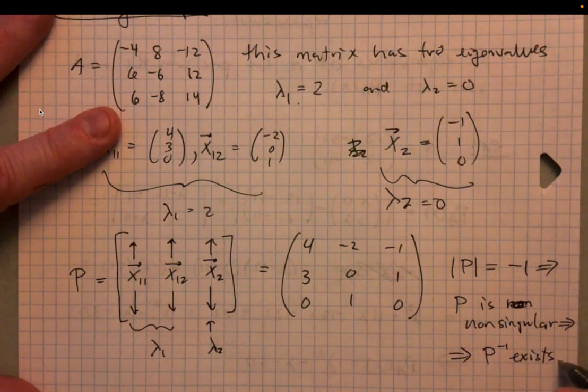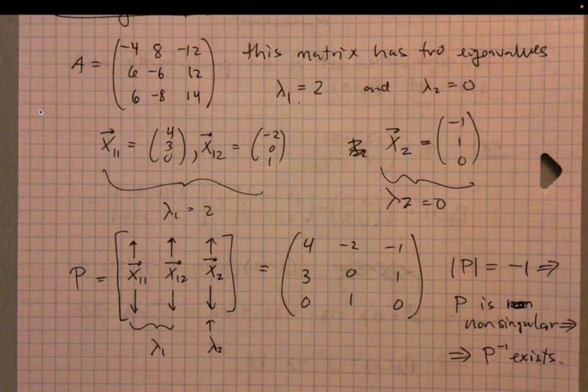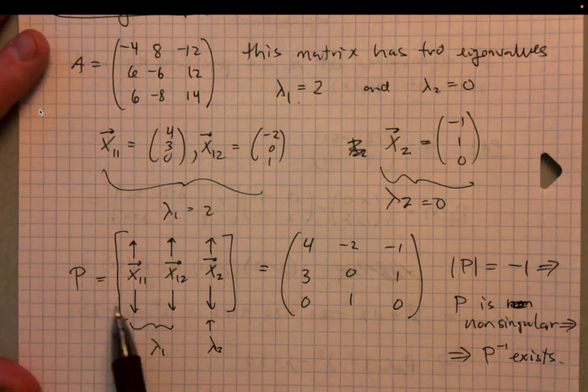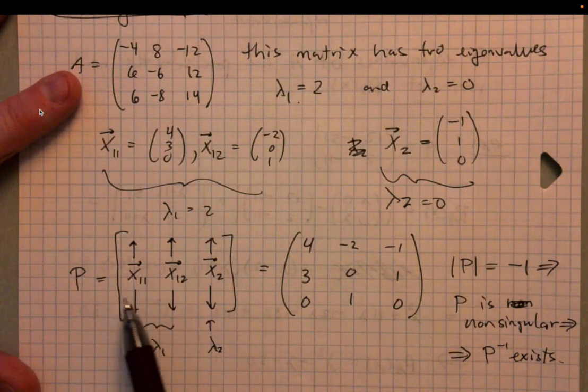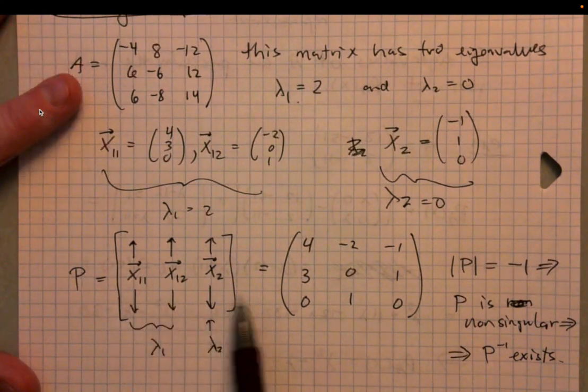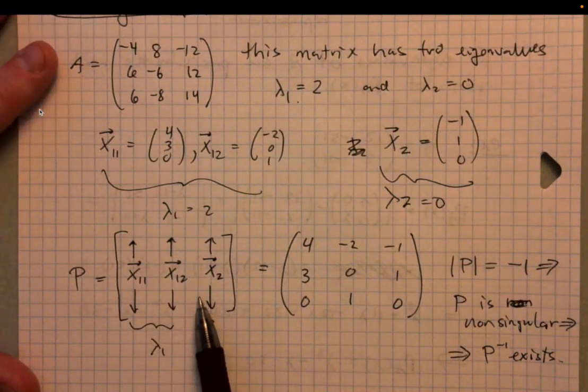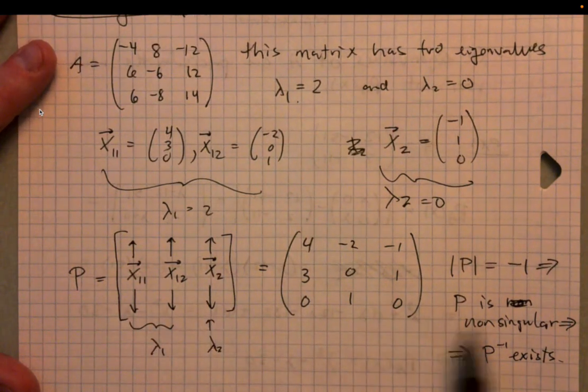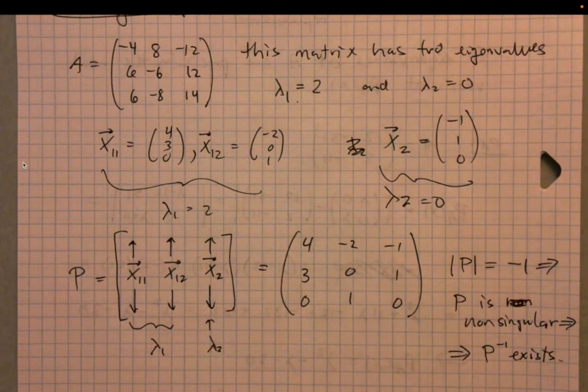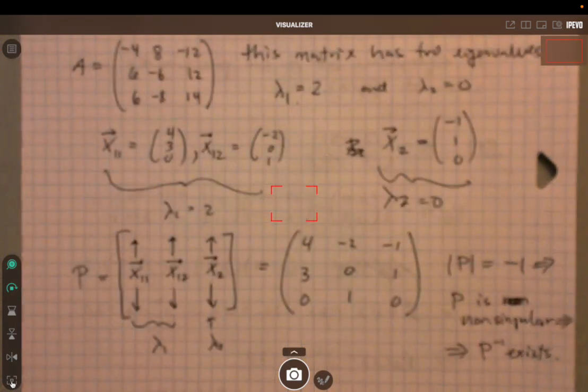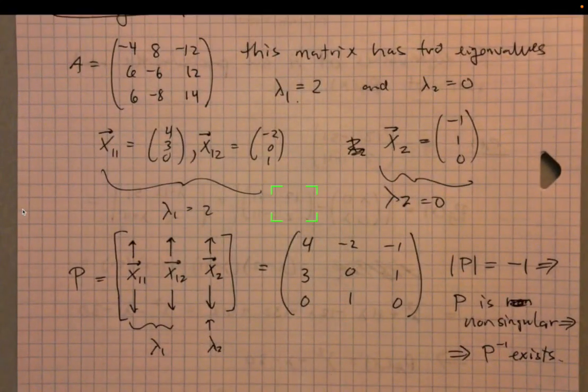We need the inverse of P to exist in order for this to work. So the columns have been built up based on the eigenvectors, and we've determined that P has an inverse. We didn't find the inverse yet, but we determined that it exists, identified through the value of the determinant.